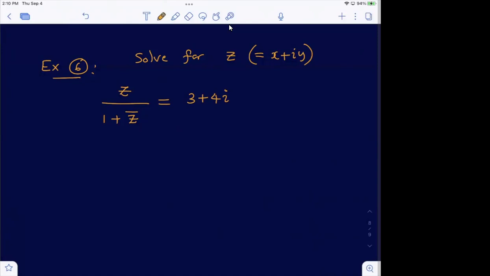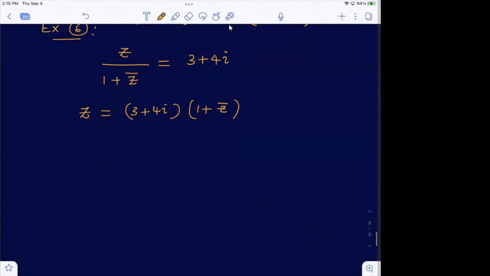So you're going to have the... and at this point, you can just introduce x and y into this picture, because at the end of the day, you need to come up with x and y to be able to solve.